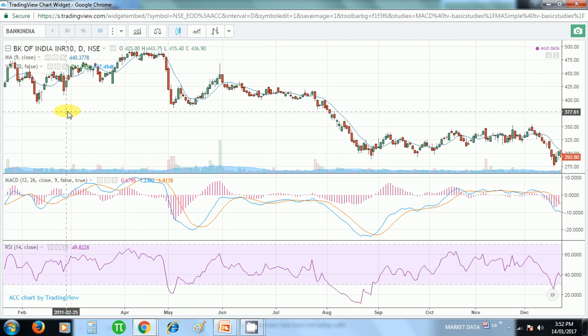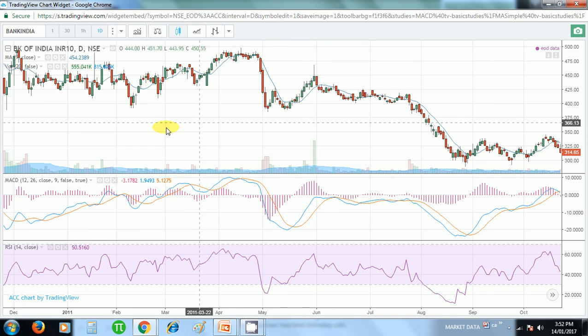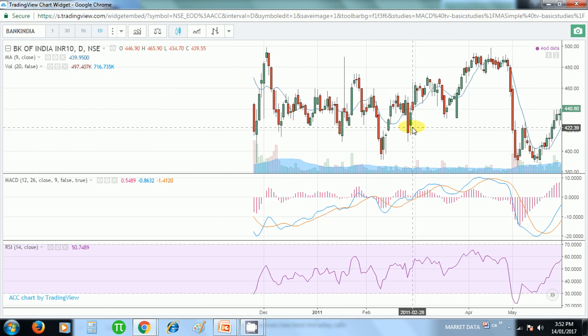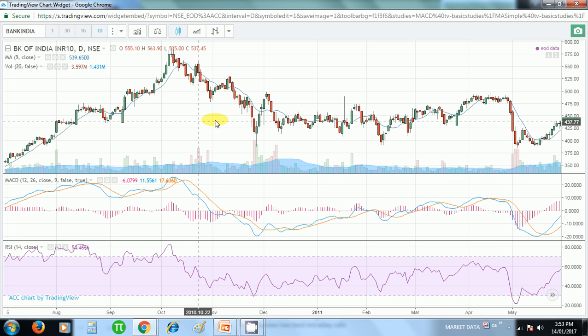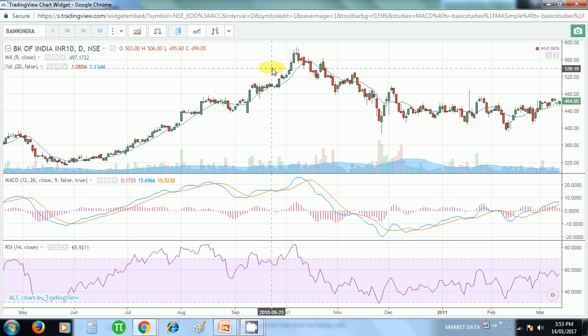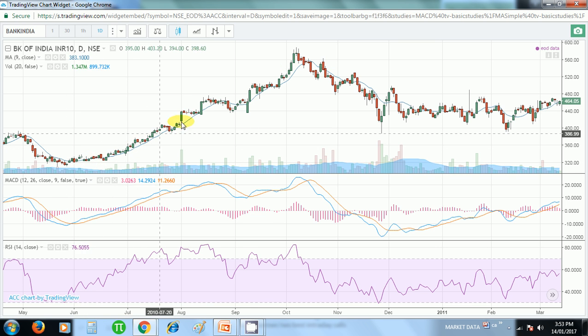So this is around 2011, and we got that 500 here. Look, we got that candle here that Bank of India formed on the daily chart. From here to here, from around 320 to 321, the market was going in an uptrend, and I am just zooming over here.